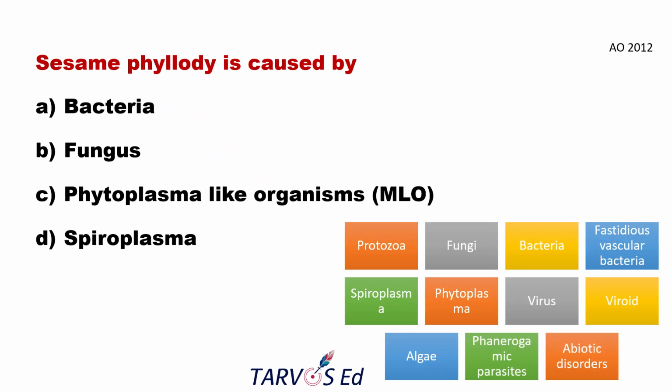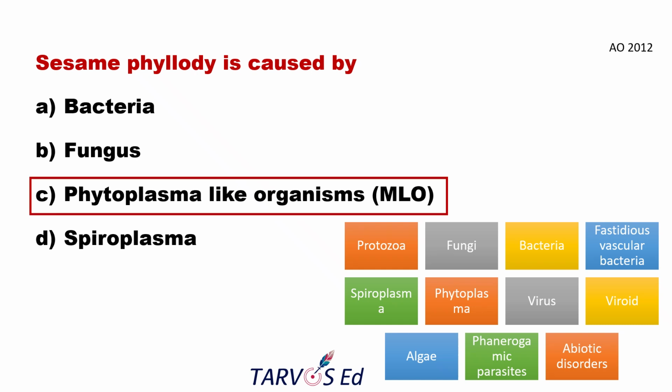Okay. And here, next question. Just now we have discussed about this. Sesame phyllody is caused by phytoplasma-like organisms. First of all, I'll give a brief related to the plant pathogens. Okay. So first one is protozoa. You can even give an example of clubroot of crucifers. Okay. Next, fungi, bacteria, and here the bacteria, we can say, for example, bacterial leaf blight or citrus canker.